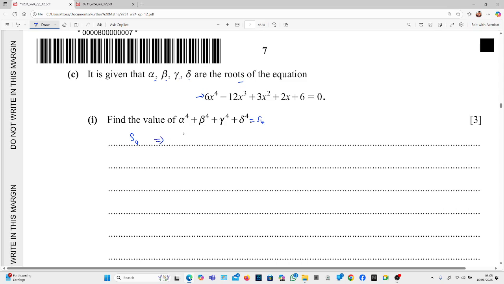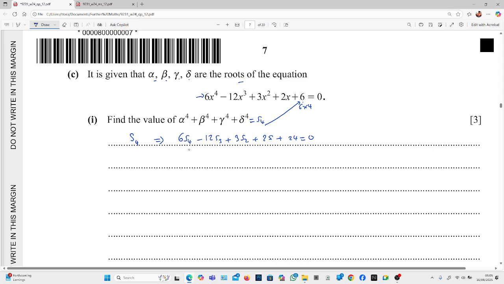It's going to be equal to 6S4 minus 12S3 plus 3S2 plus 2S1 and plus, now this 6 here, we have 4 over here, so it can be 6 times 4, which is then 24, and all of that should be equal to 0.